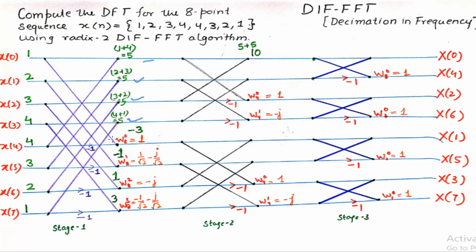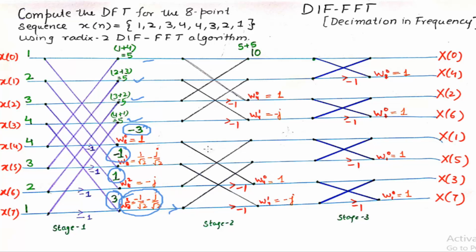So -4 plus 1 gives me -3, and this is -1, this is 1, this is 3 because 4 is coming from this way and -1 is coming from this way, so this is 3. Now this 3 will get multiplied with this weight and will go on to the next stage.